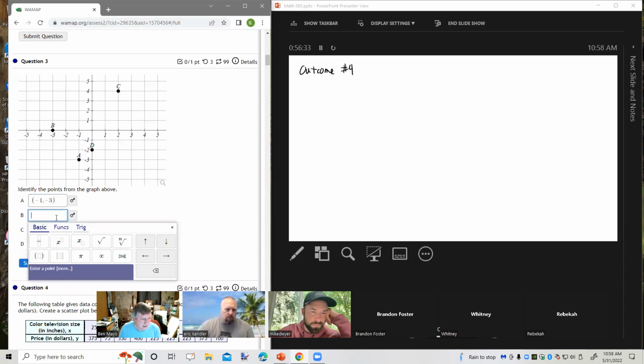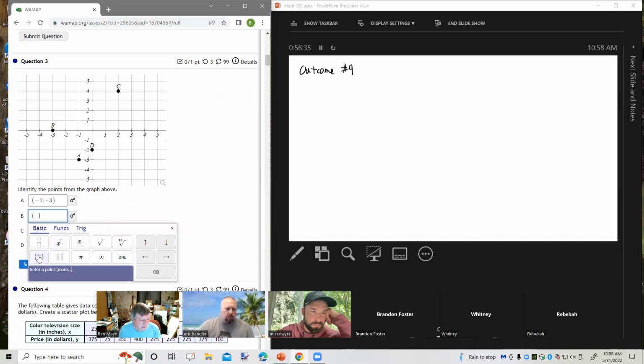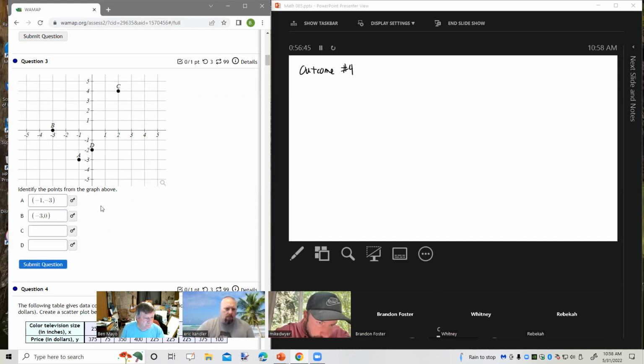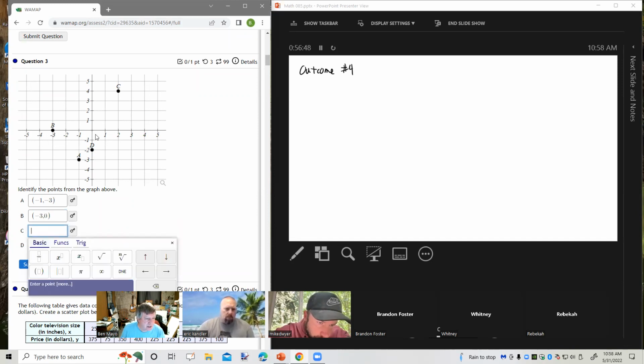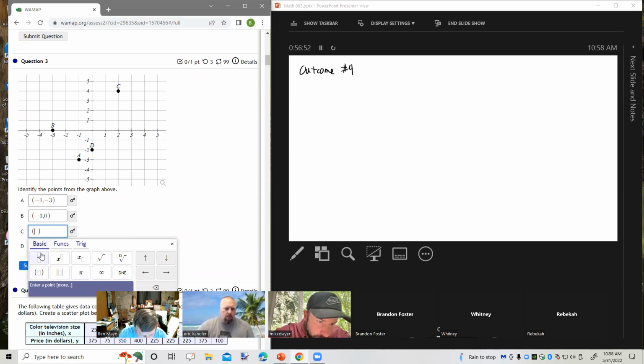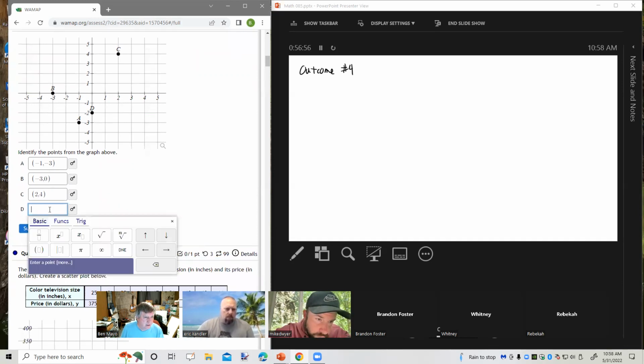Okay. I could use this instead, and then I wouldn't have to use the one on the keyboard screen. B is -3, 0. So -3, comma, 0. C is 2, 4. 2, comma, 4.